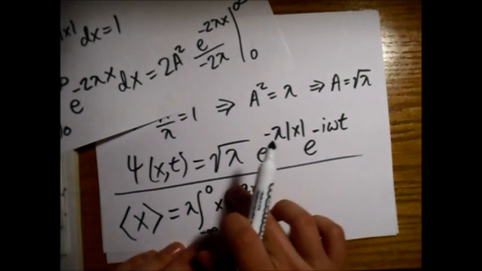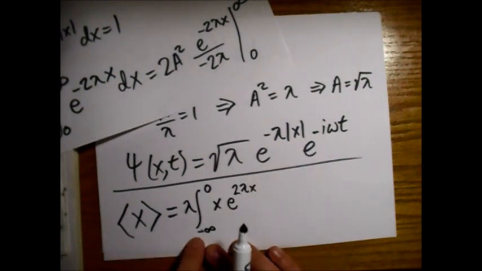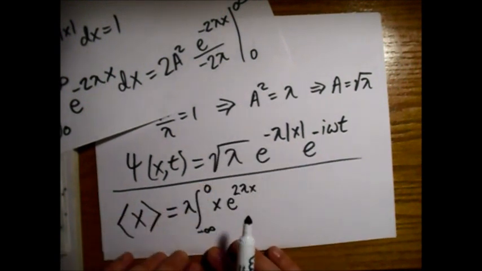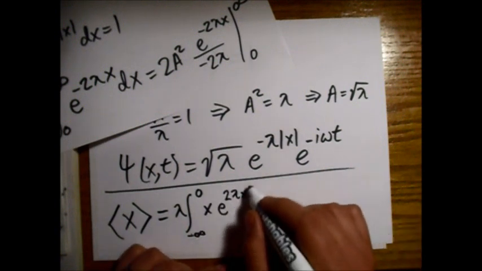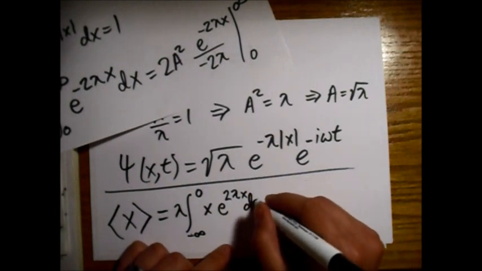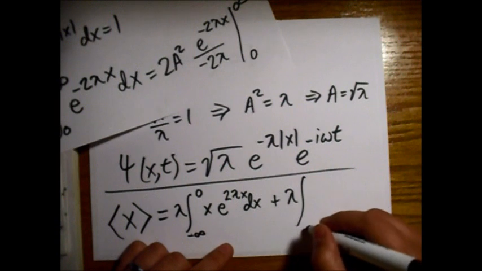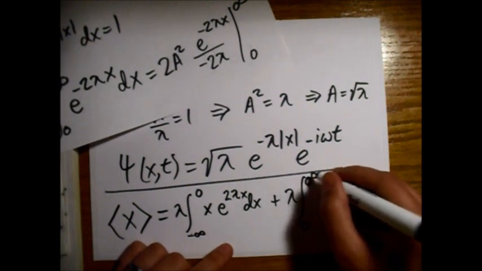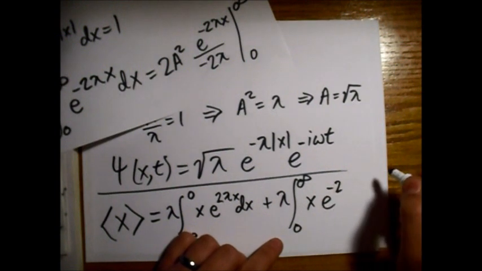In this domain here, from negative infinity to 0, we'll go ahead and add another sign change up to the top to keep our absolute value. Alright. And now we'll go from 0 to infinity, x, and then here we just have our normal integrand.